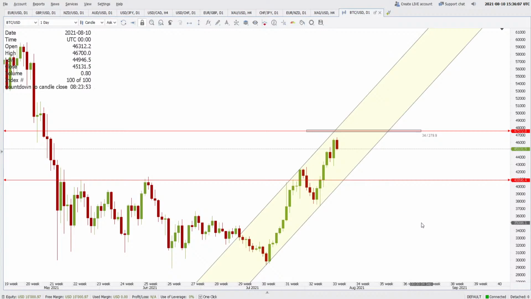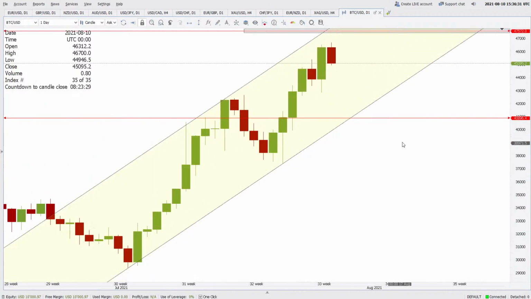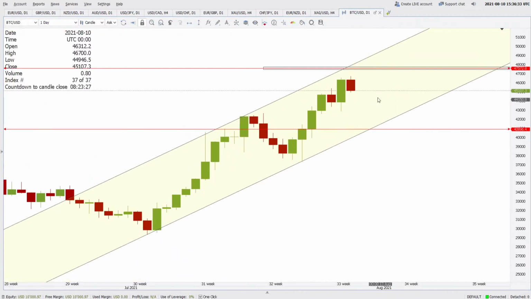Bitcoin, actually I'm waiting to book profit at 47k. 47,570 is the region actually where you can be looking for booking profits. As of now, yesterday's candle was a bullish engulfing in the middle of nowhere. That means it is suggesting that there is a lot of steam left for the buyers to go up. So you can be looking for booking profits here, because it is going to meet a confluence of the resistance.